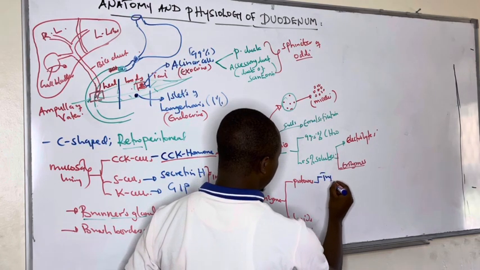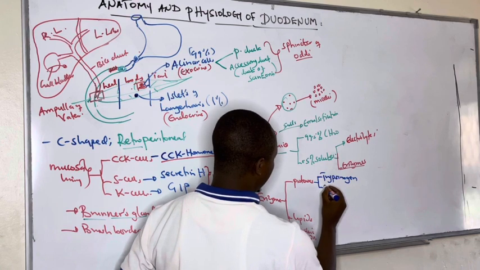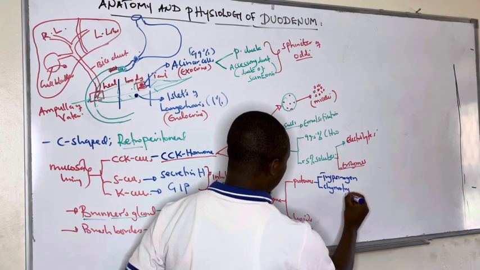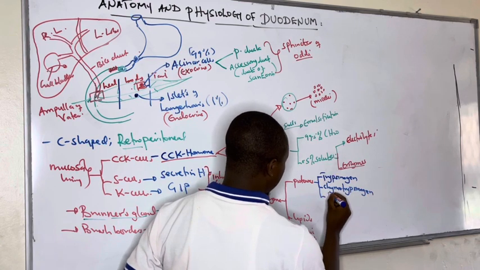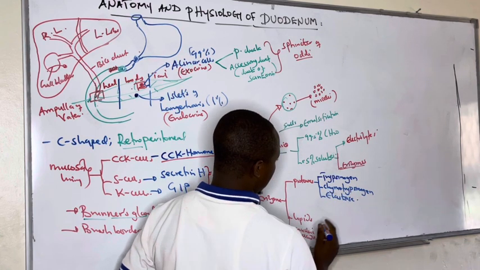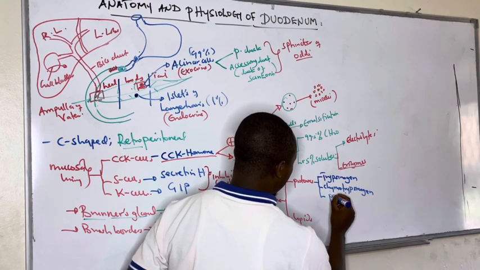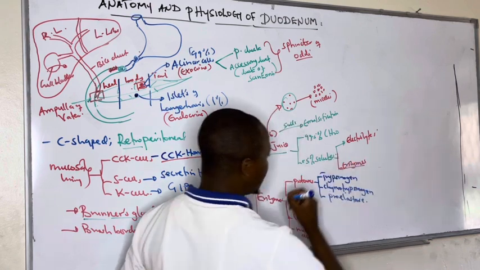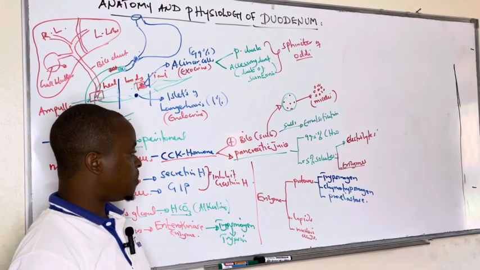We have trypsinogen, chymotrypsinogen, and elastase, which is actually produced in inactive form as proelastase.